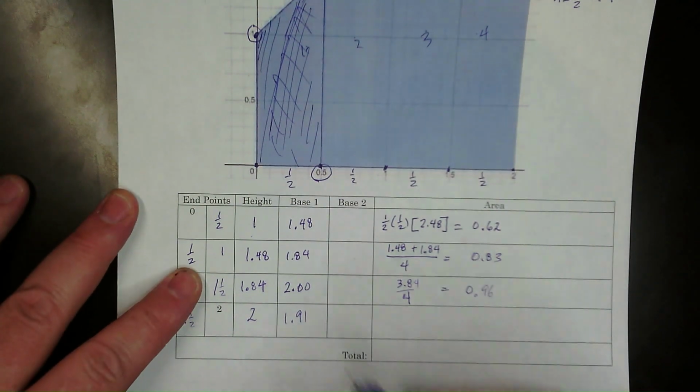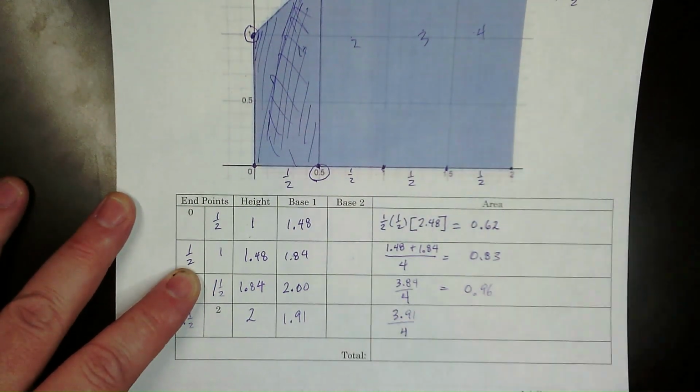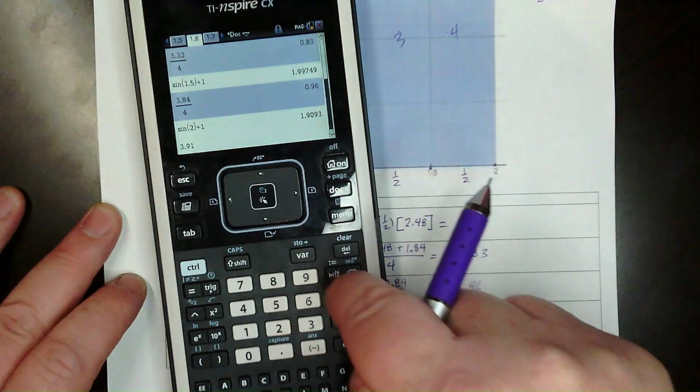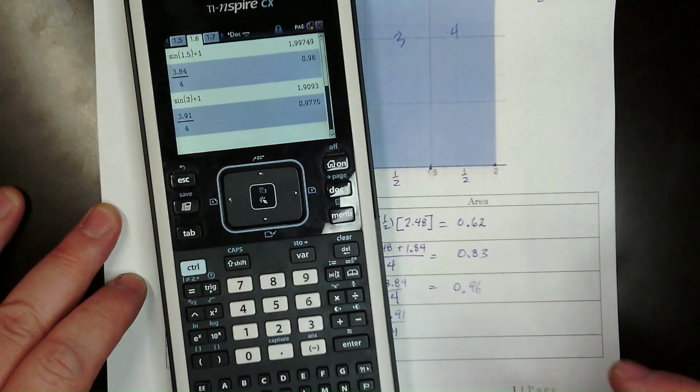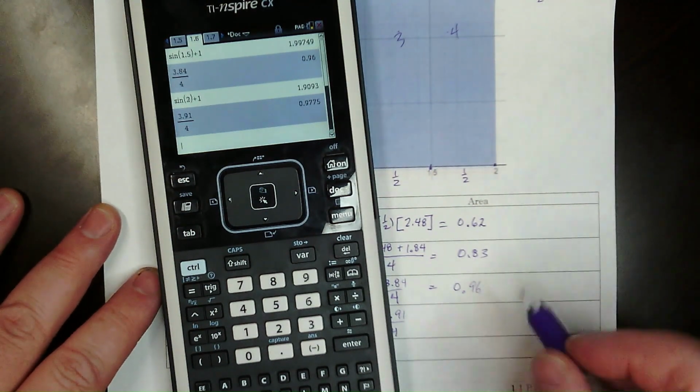There we go. So we have 3.91 divided by 4. 0.977, so that's 0.98.